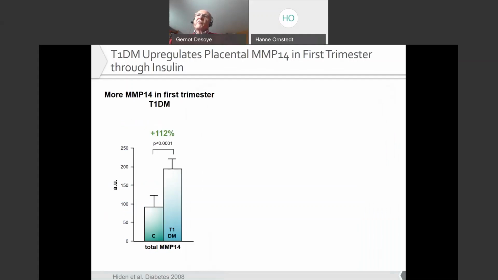And this MMP14 is present in higher amounts in the placenta in the first trimester of type 1 diabetic pregnancies. So that would argue for a stimulatory effect of insulin through MMP14 on fusion of the cytotrophoblast to syncytial trophoblast, thereby enlarging the trophoblast surface.